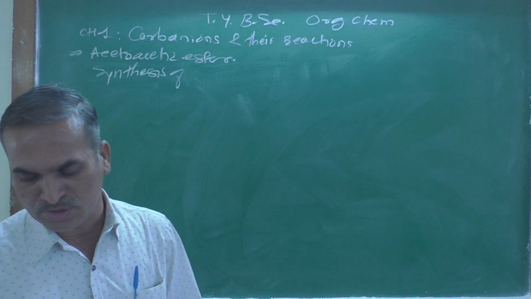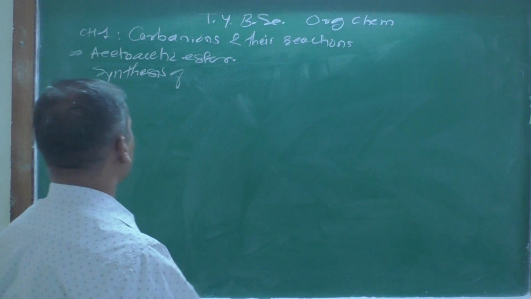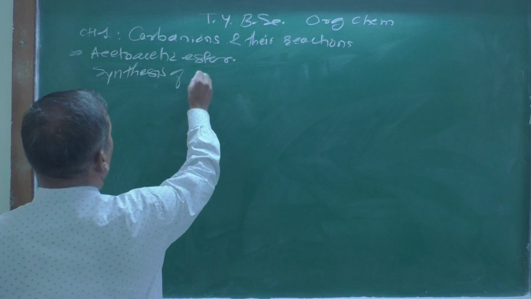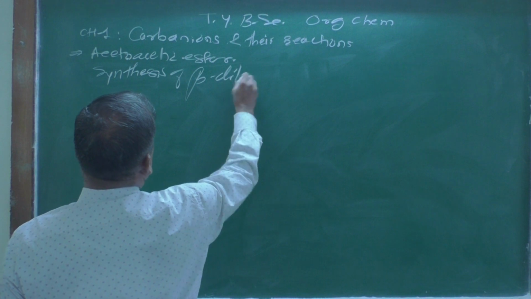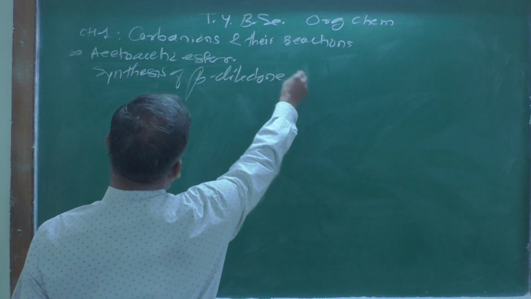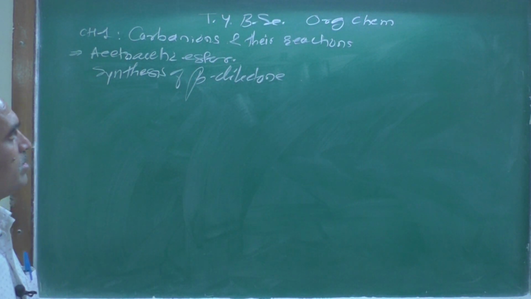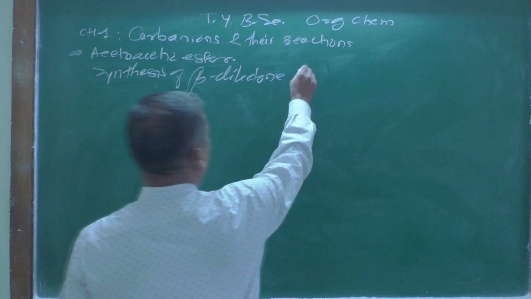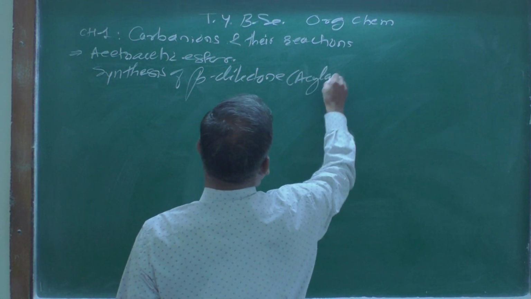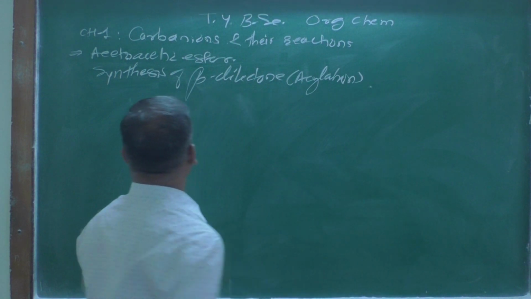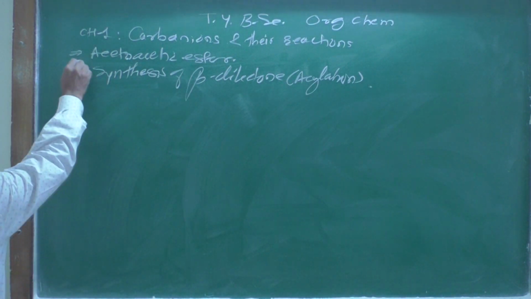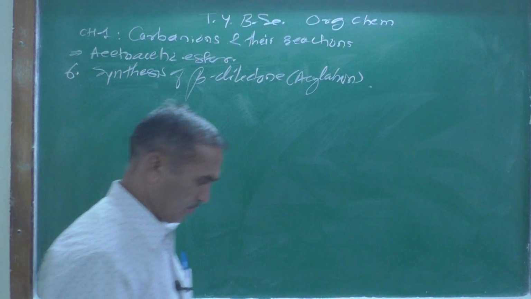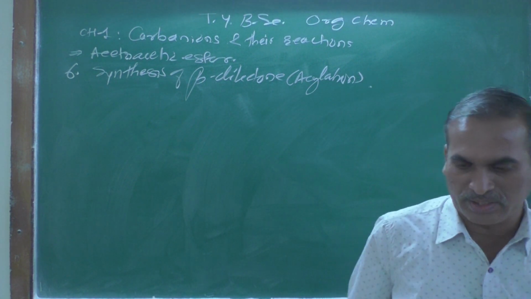Let us see the synthesis of beta-diketone, or what we can call acylation. This is the number 6 synthetic application.